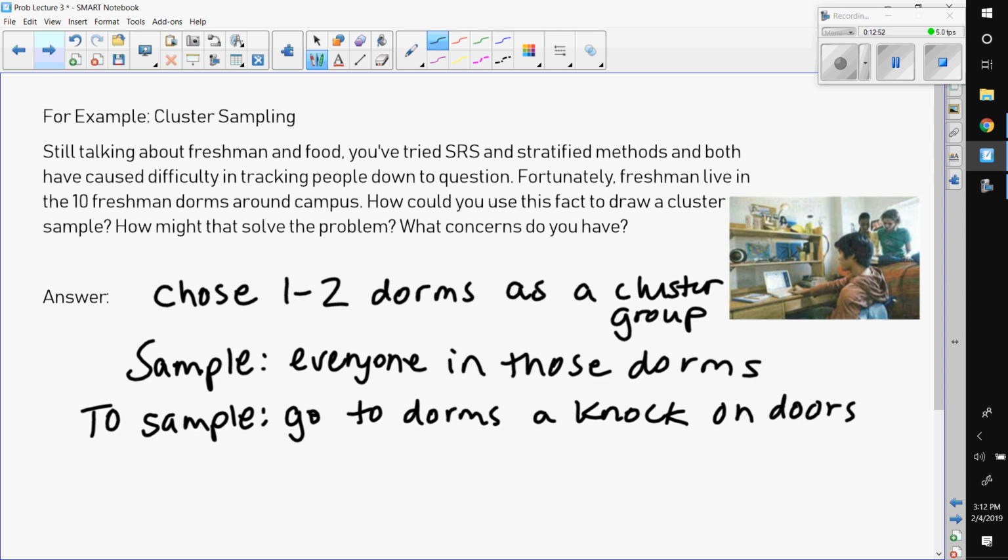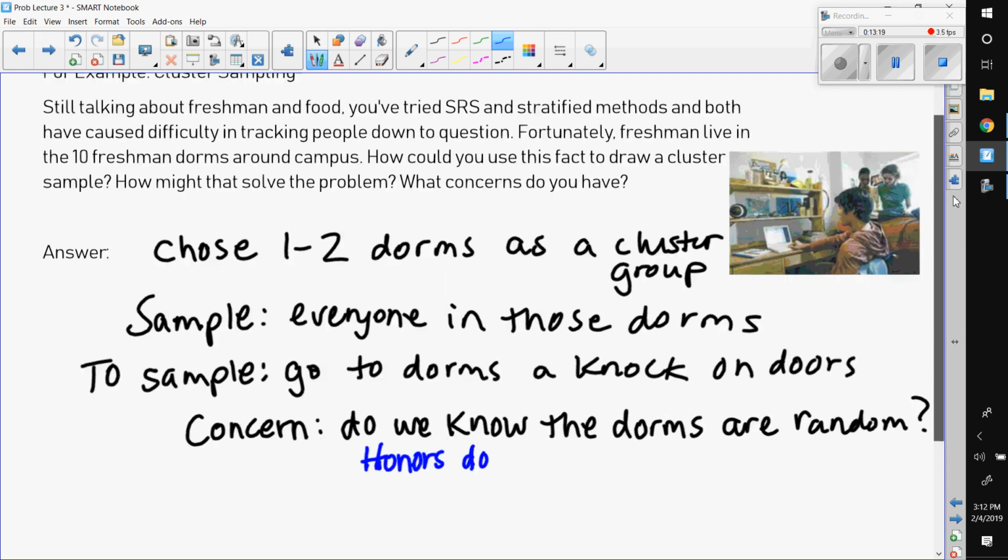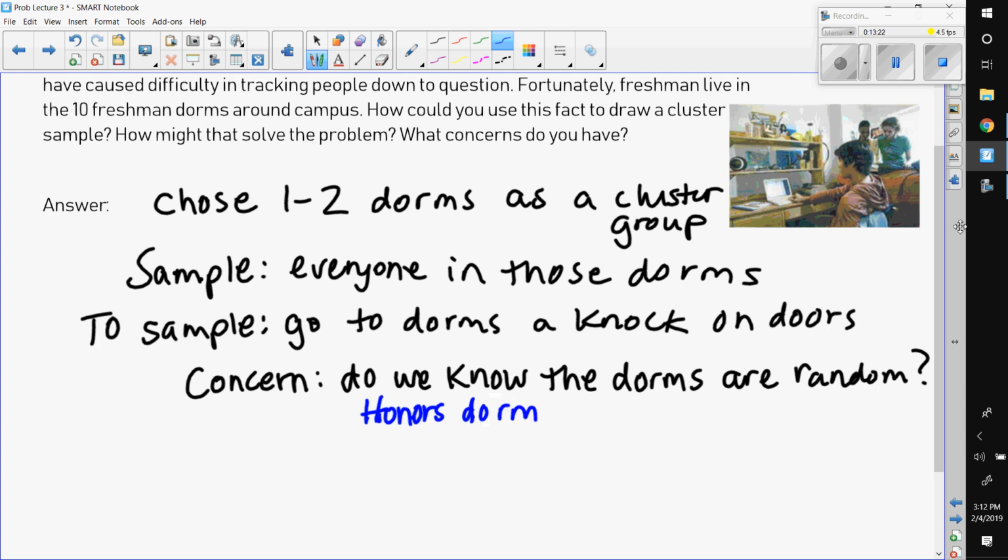A concern that you could have here is, do we know the dorms are random? Is there an honors dorm? Or is there a male-only dorm?